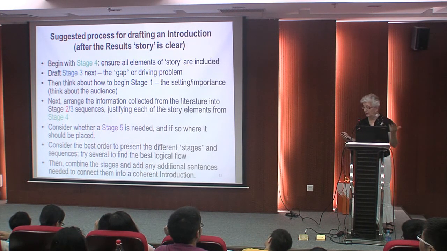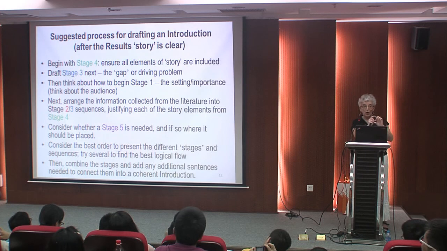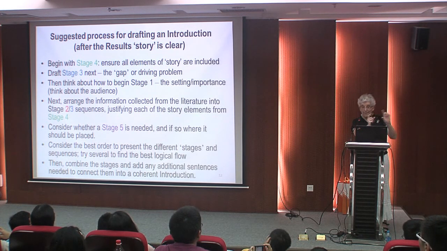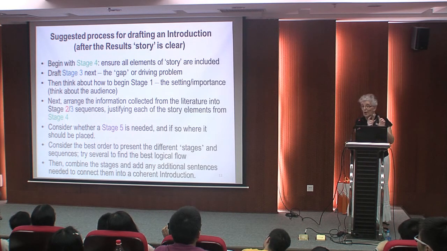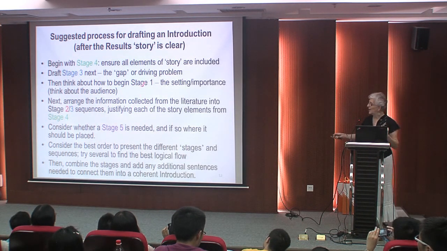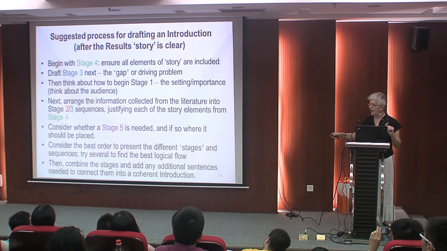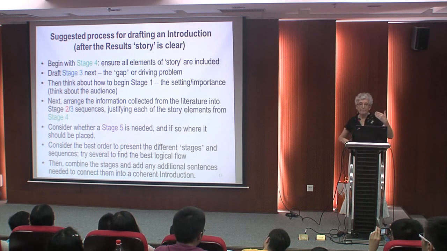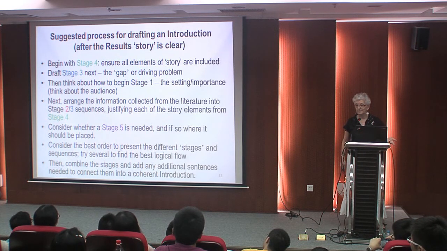So now you can write the stage 4 of your article first: your objective, your main activity, or your findings summary. You write the stage 4 first. And it's very important that you include in it all the elements of your story that make your work new and significant.